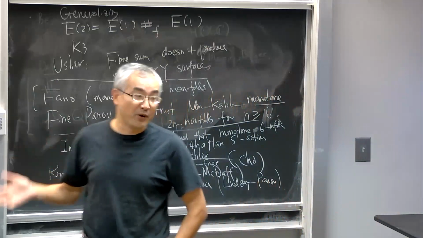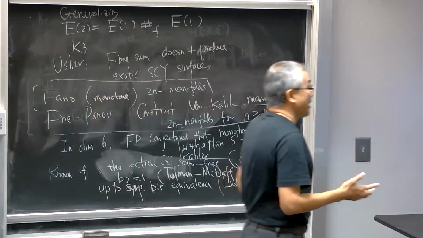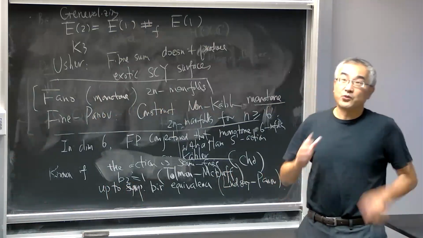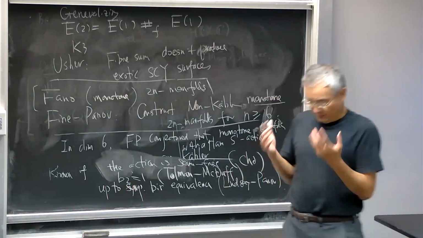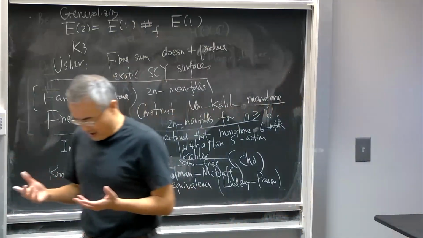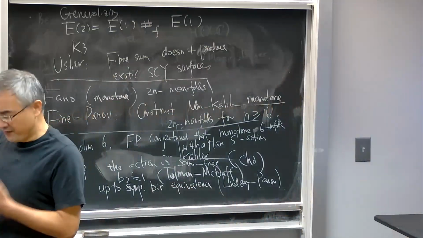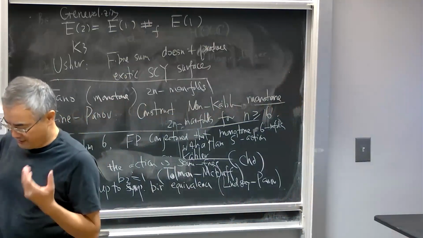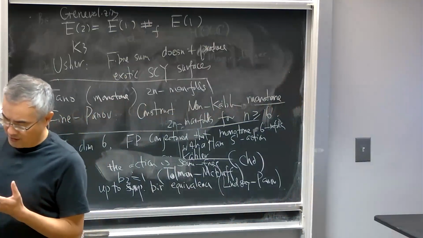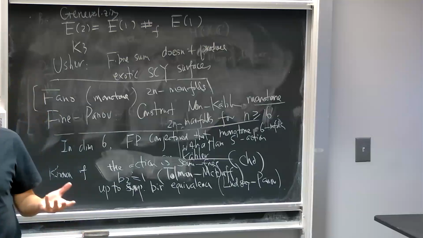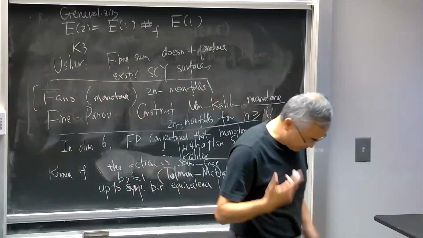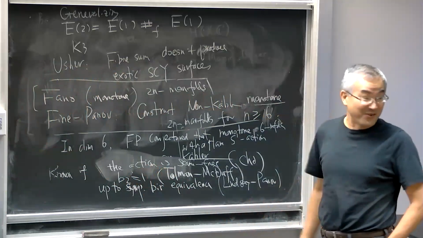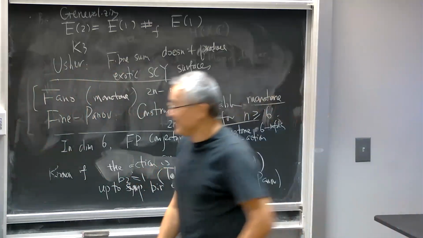This is very important because we run the minimal model program, so the final products are either nef varieties, or Fano fibered varieties.